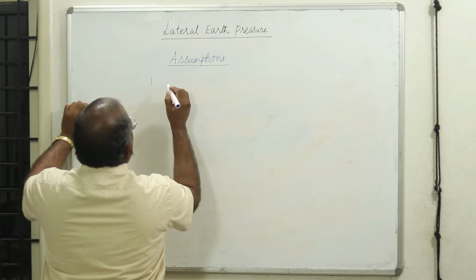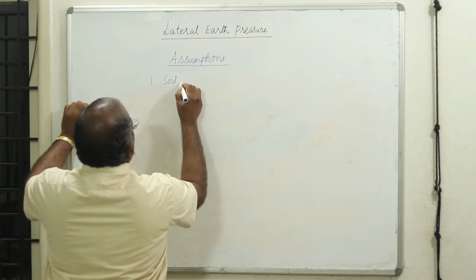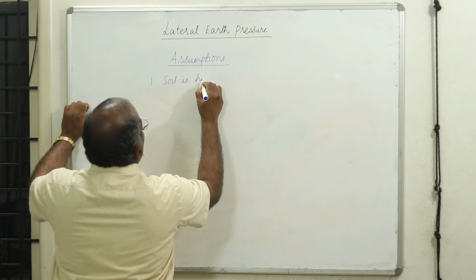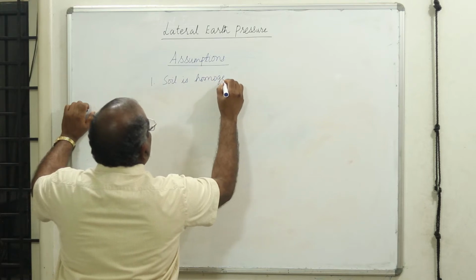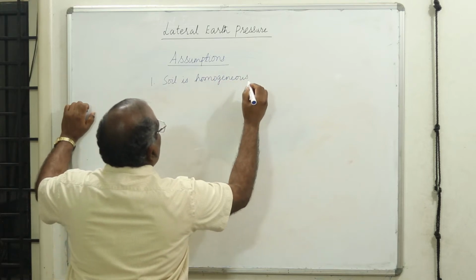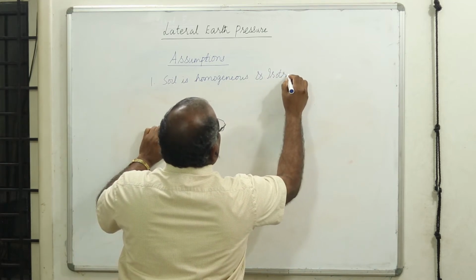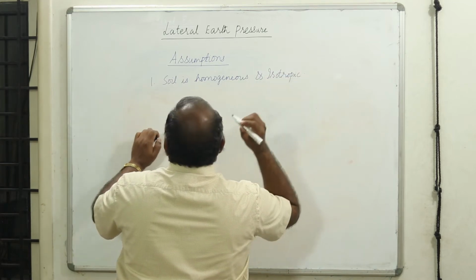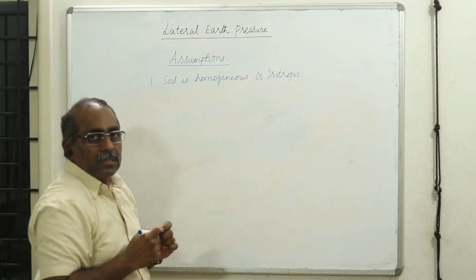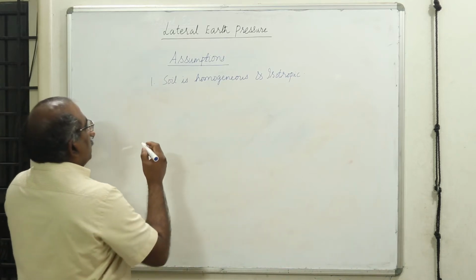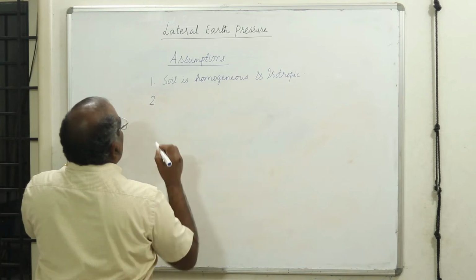The first assumption is that soil is homogeneous and isotropic. Truly speaking, soil is neither homogeneous nor isotropic, but this is an assumption to make an ideal, elastic material.